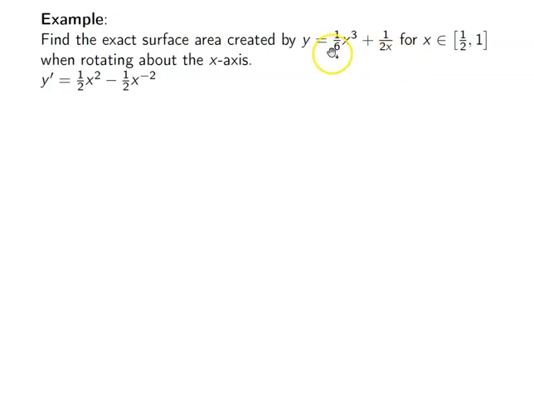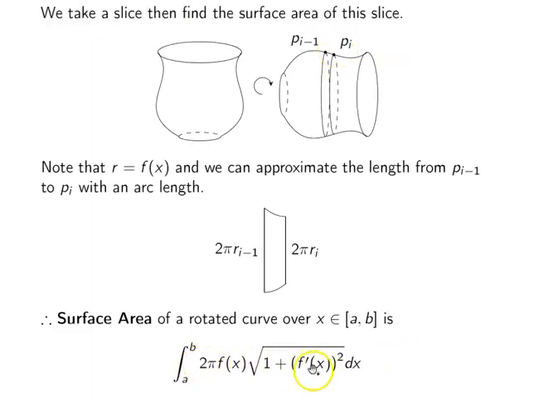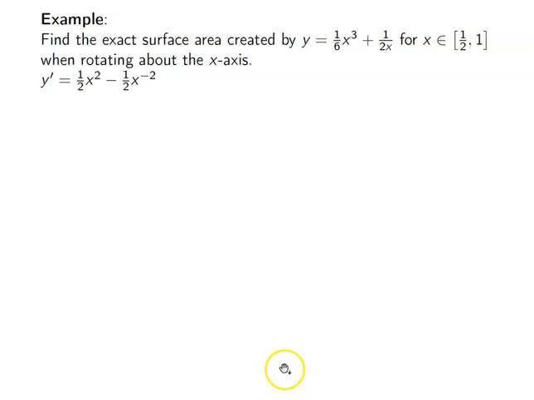So I need to find the derivative of this, and I need to square the derivative. Okay, again, the work that comes into play before I just plug everything in: I have to find the derivative and square it first, and then I can throw everything into my integral, right? So very easy. I have the function given for the height of the function, so I just have to do the surface area part.